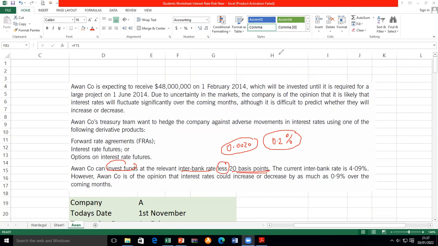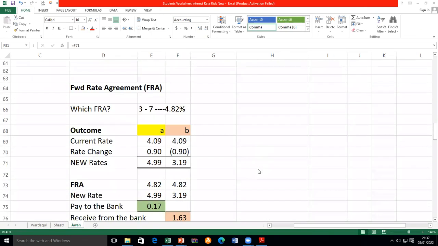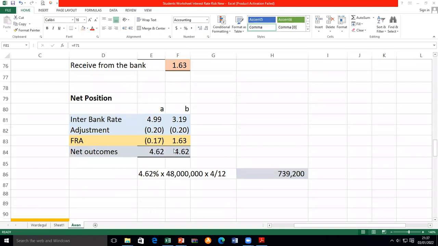I hope we have followed that. So what is the final outcome? If you had chosen not to hedge with the FRA, here's what would have happened. You go and invest: scenario A, 4.99; scenario B, 3.19; less the adjustment of 0.2. These are the results from your investment market.